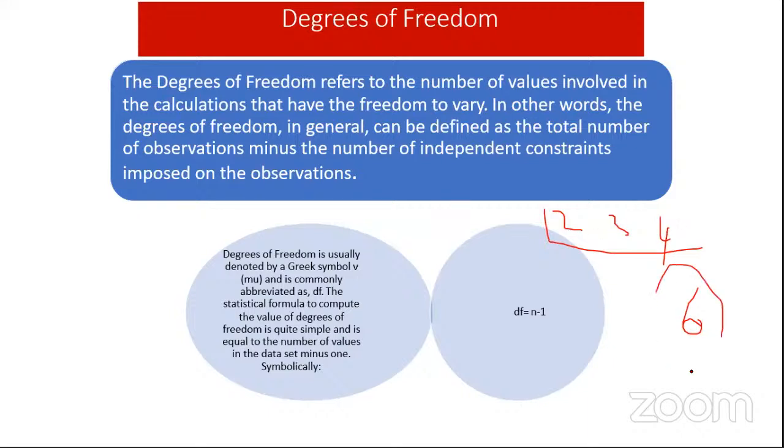Now, for our mean to be 7, the last value must be what? A fixed value. So the first three have the potential to vary, but the fourth value must be fixed. So in other words, the degree of freedom gives you the number of values that can change and you will still be able to have the expected results.